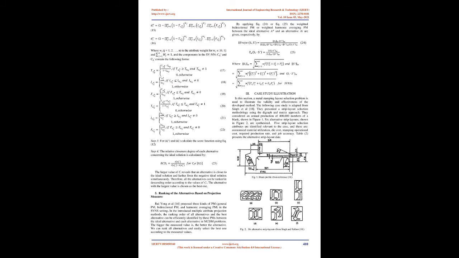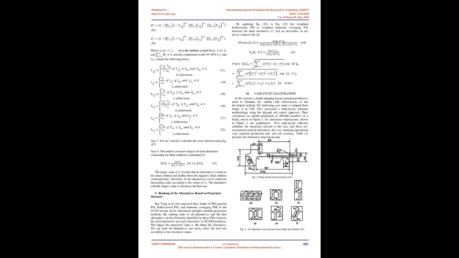[4] presented the correlation coefficient of SVNSs based on the extension of the correlation coefficient of IFSs and then defined the SVNS weighted correlation coefficient between an alternative Ai and the ideal alternative A*. The aggregation operators are important tools for aggregating fuzzy information in decision-making problems.